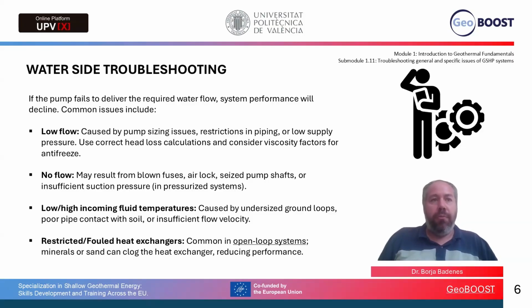No flow from a tripped breaker, air locks, seized shaft, or poor suction in pressure systems. Ground fluid temperature problems when the ground loops are too short or pipes do not touch soil properly. And finally, clogged heat exchangers in open loop systems. Mineral or sand can block them.